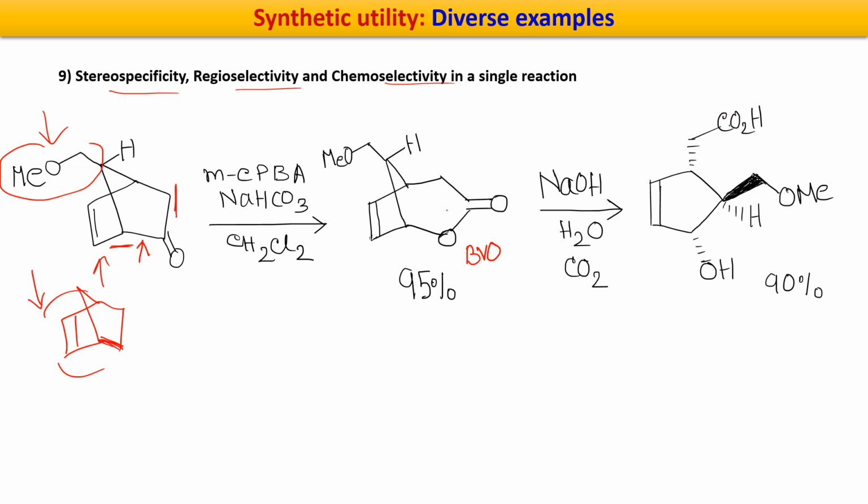As I have said, this H, then from this side you get CO2H, that is CH2CO2H basically. So CH2CO2H, H and OH are all below the plane, right? And CH2OMe will be above the plane. Here this 5-membered ring, as we have drawn, is now planar, right? So stereospecificity is also maintained.